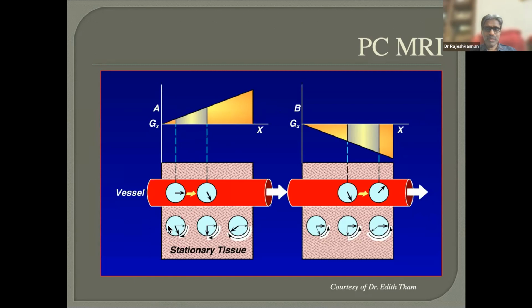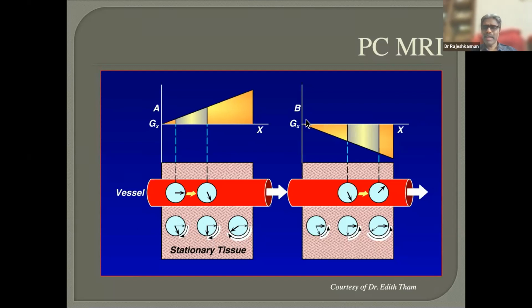As we move from left to right, the tissues on the left side experience relatively less magnetization compared to the tissues on the right-hand side. So if the tissues are stationary, not moving, as we move from this end to this end, the phase will keep increasing. The tissues along this direction will gain more phase, so they will have different phases.